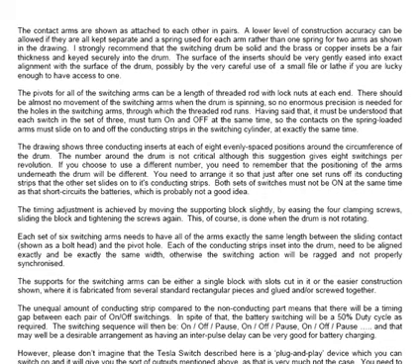The timing adjustment is achieved by moving the supporting block slightly, by easing the 4 clamping screws and sliding the block to a more convenient position and tightening the screws again. This of course is done when the drum is not rotating.